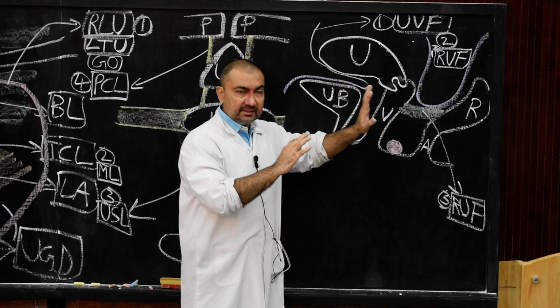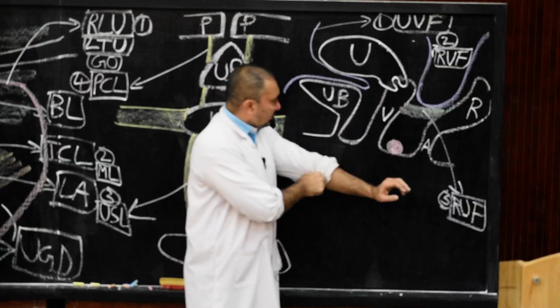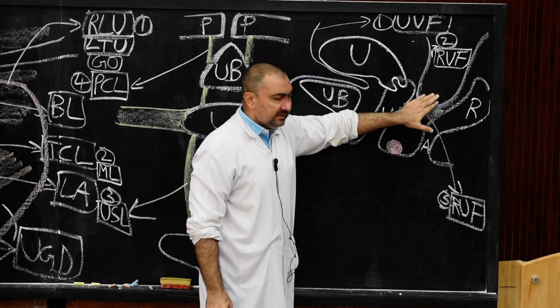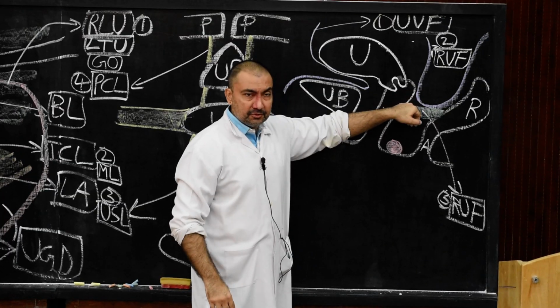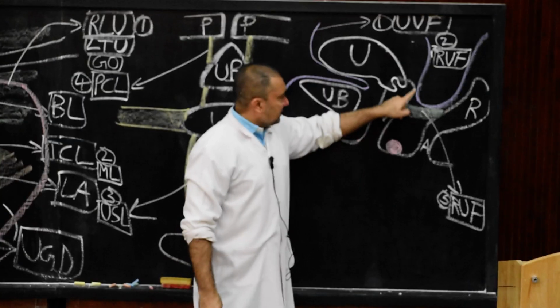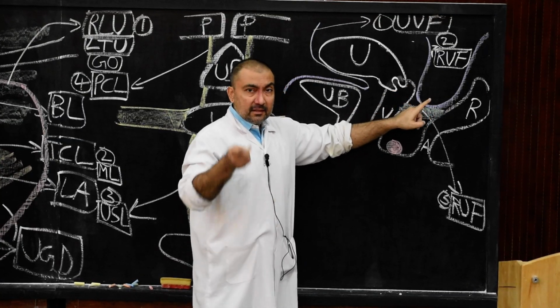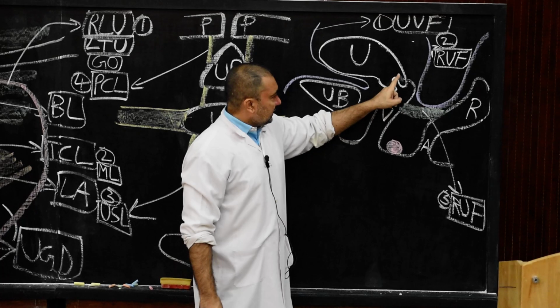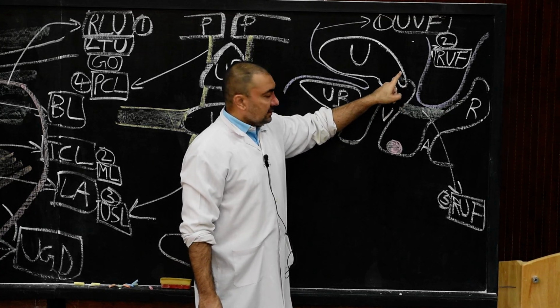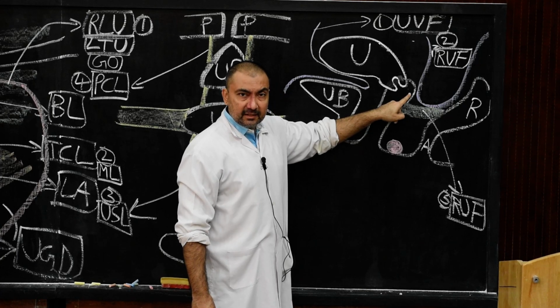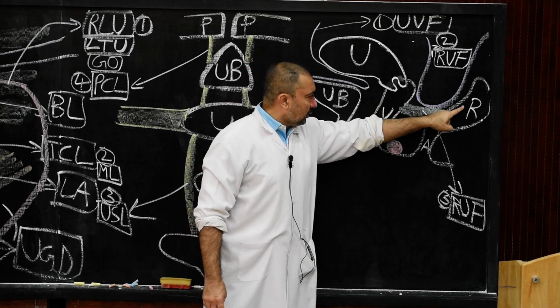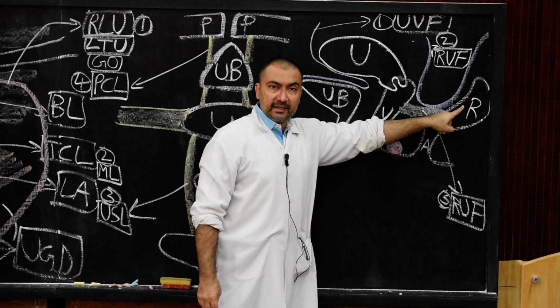The recto-uterine pouch of Douglas will have the following boundaries. See the diagram, it is simple, and tell the boundaries. In the floor of the recto-uterine pouch there is the recto-vaginal fascia. The anterior wall has the supra-vaginal portion of the cervix and the posterior fornix of the vagina. The posterior wall is formed by the anterior wall of the rectum.